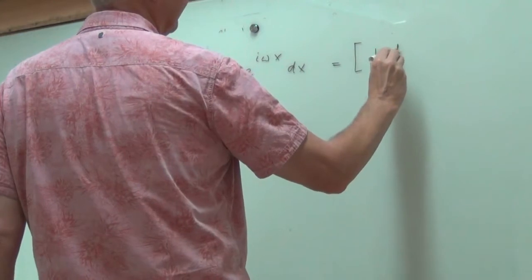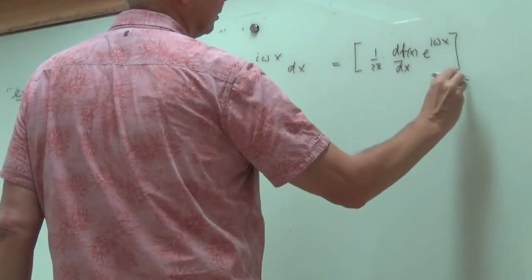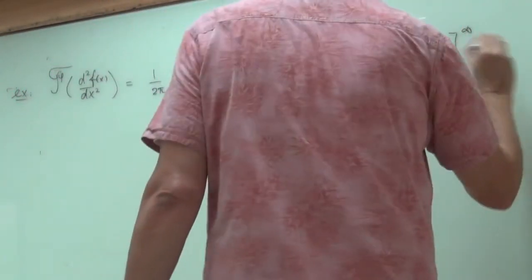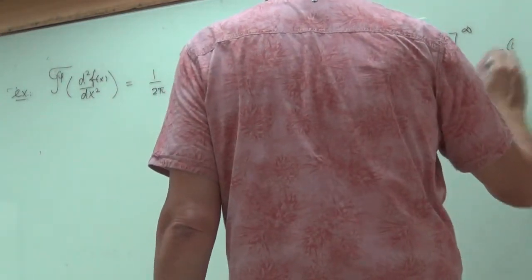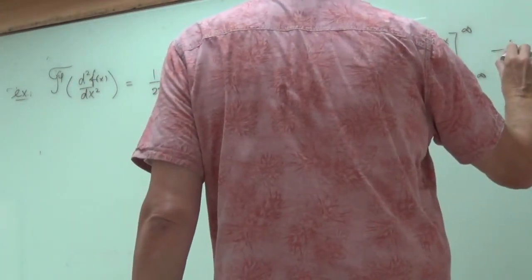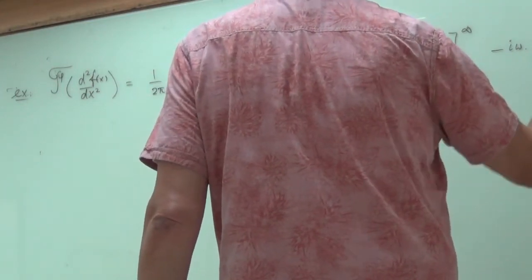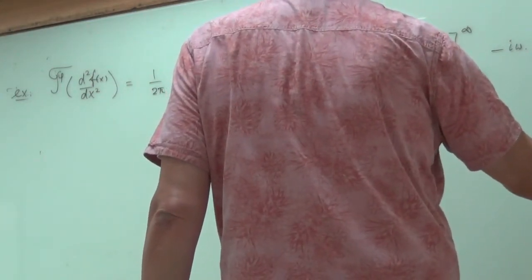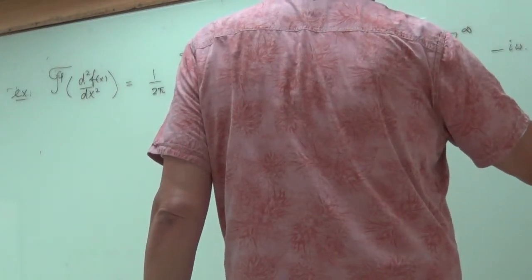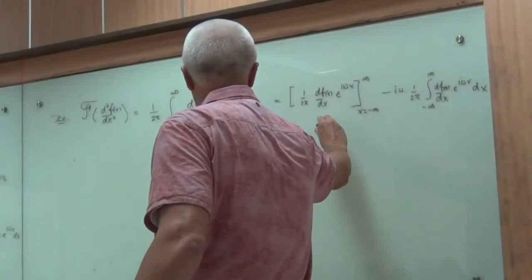It's 1 over 2 pi, df/dx e to the power i omega x, x is minus infinity to plus infinity, minus minus i omega times 1 over 2 pi times the integral from minus infinity to plus infinity df/dx e to the power i omega x dx. So that's after one step. Integrated once. Well, f and all its derivatives at infinity are 0.